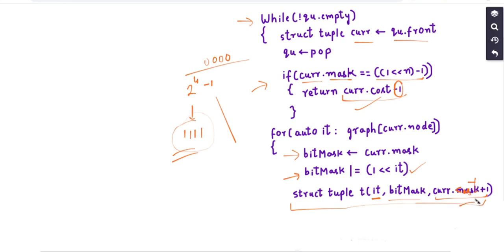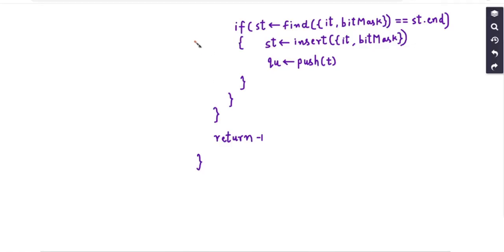So the cost increments by 1, and after that I have to check if I haven't explored that path or not, because if I already have explored that path, which is represented in this bit mask, where we end that path at this node, then we don't have to push this pair, we don't have to push this node. Otherwise we push it into the set and we push it into the queue.